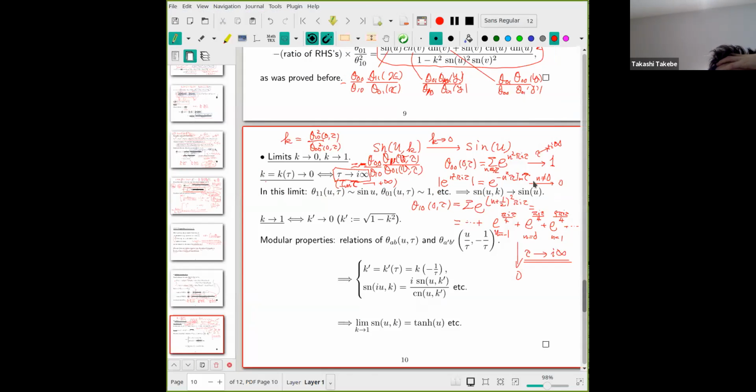And we also discussed the limit when k goes to 1. Actually, this was a homework assignment. The limit of Sn when k goes to 1 is a hyperbolic tangent.